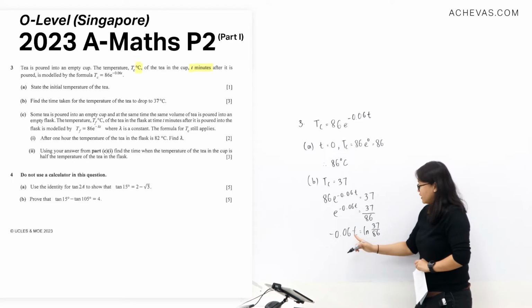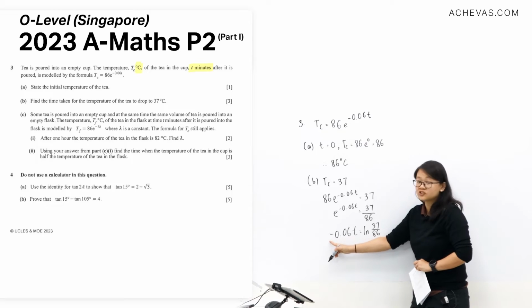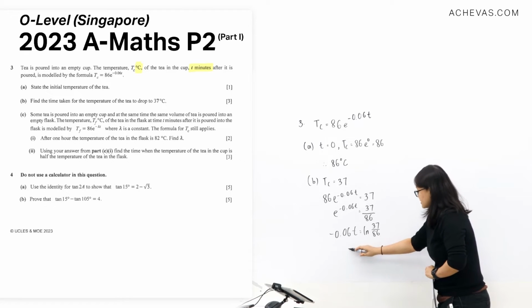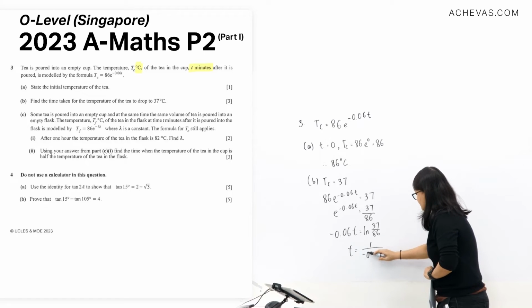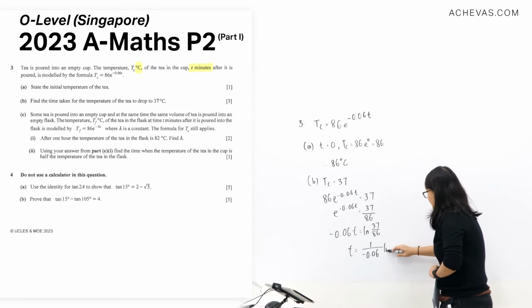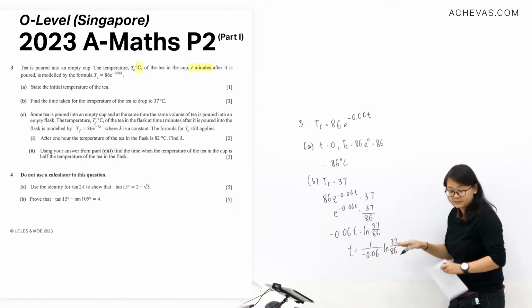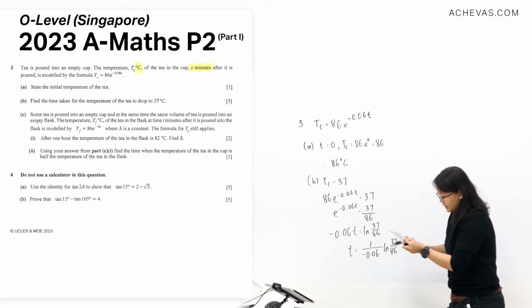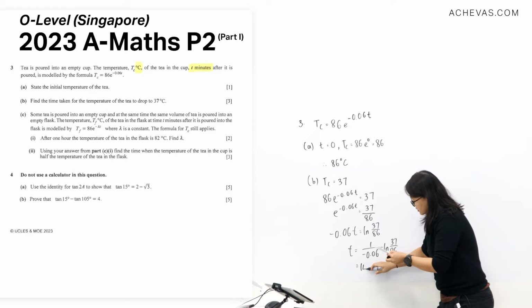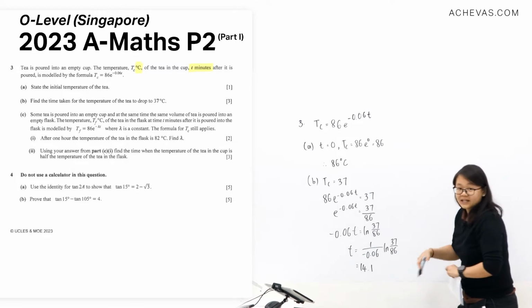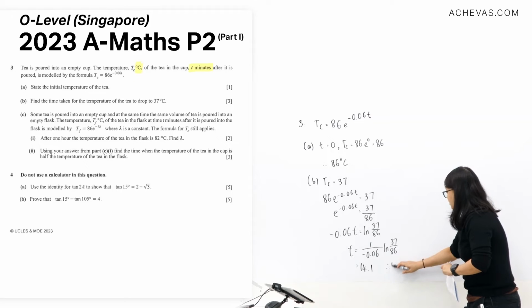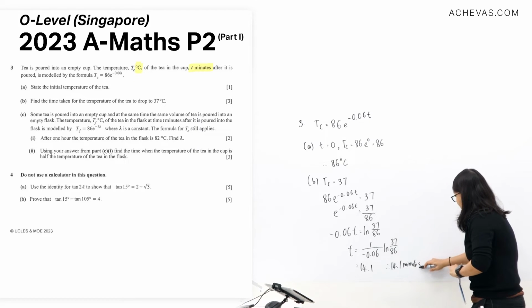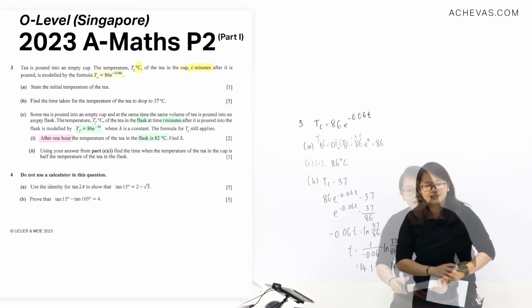And the last step, to find t, we're going to divide by negative 0.06 on both sides. So I'm going to write it as 1 over negative 0.06 ln of 37 over 86. I'll be clicking my calculator and I'll be getting this answer as 14.1. Let's write down the time. So therefore, 14.1 minutes. That's for question part B.